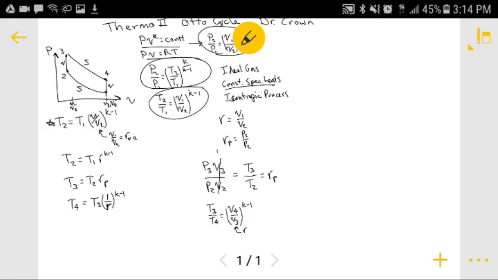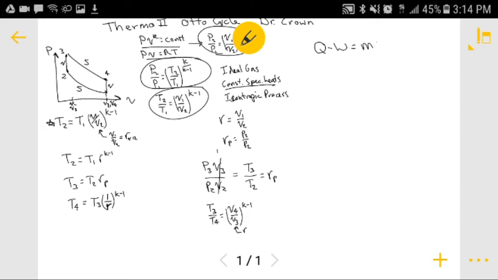Then I'm going to use the first law, Q minus W equals delta E, but I can write delta E as delta U if I'm neglecting change in potential and kinetic energy.